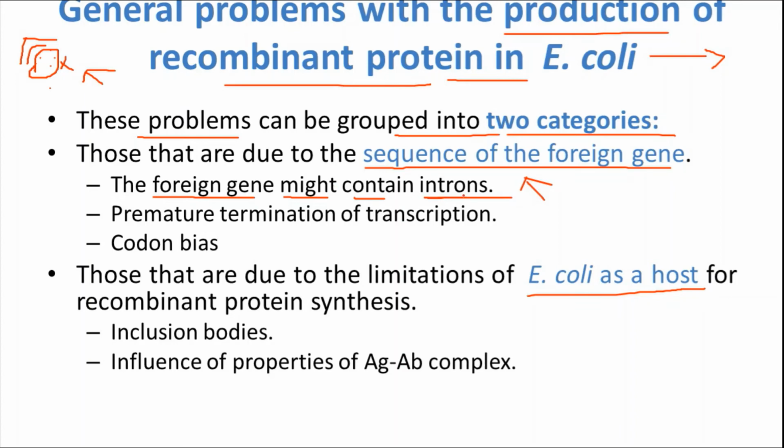Number two, premature termination of transcription takes place. Suppose there is no transcription termination site in the DNA. The gene is continuously transcribed, so the mRNA is very long, the protein is also very long, and small proteins are formed, where the antibody may not bind well.